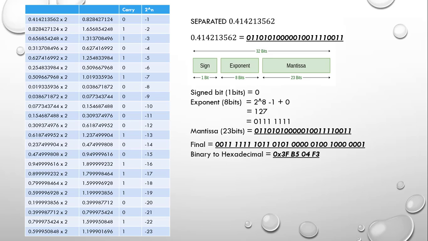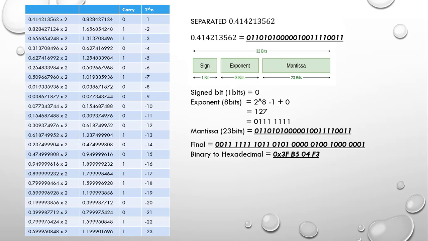Then the answer has to be multiplied by 2 again, which means 0.8284272124 times 2 will be 1.6568542248. The first digit before the decimal point is 1, so the carry is 1. Then we multiply the answer again by 2 by just taking the digits behind the decimal point.